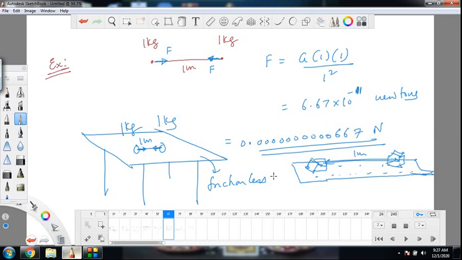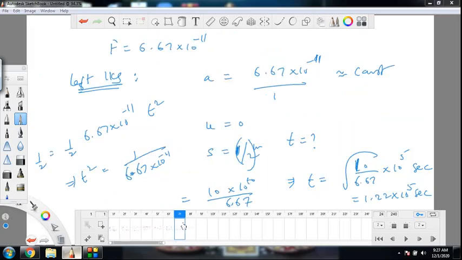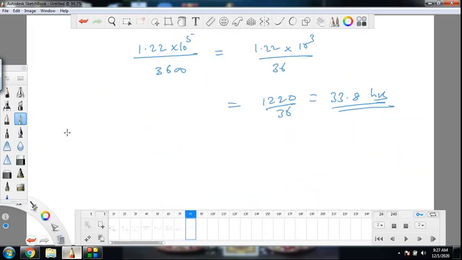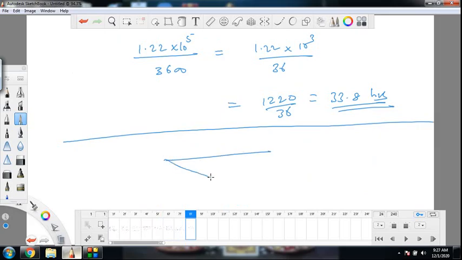As per Newton's law of gravitation, there is a force, so both objects are attracting each other, they must come closer. But when we do this experiment, we don't see objects coming close. The problem is, we are thinking like this. When you take a table, for example, I place 1 kg object, I place another 1 kg object.